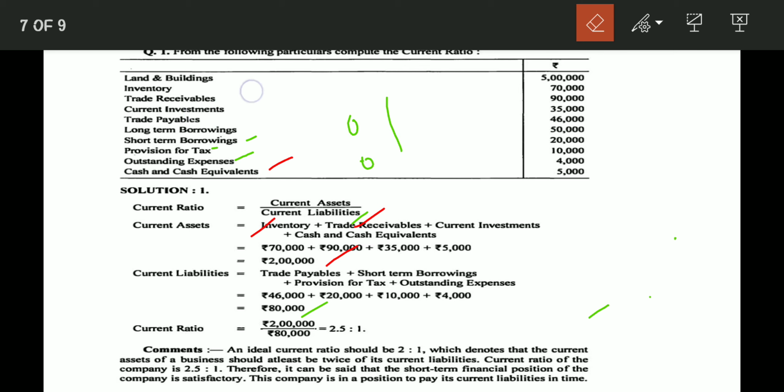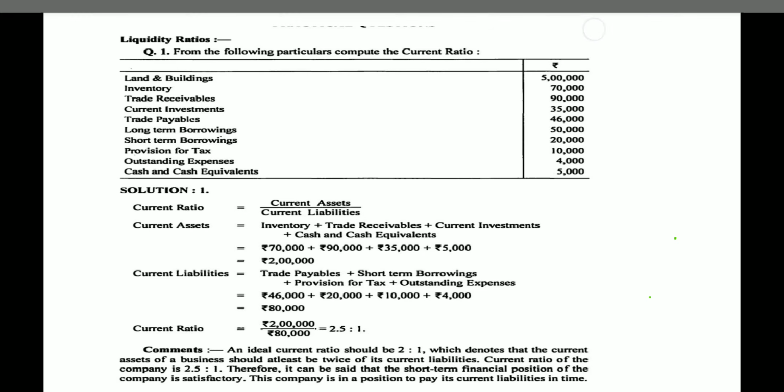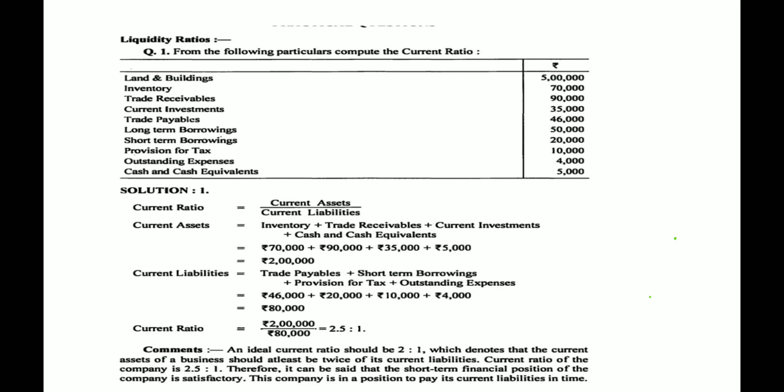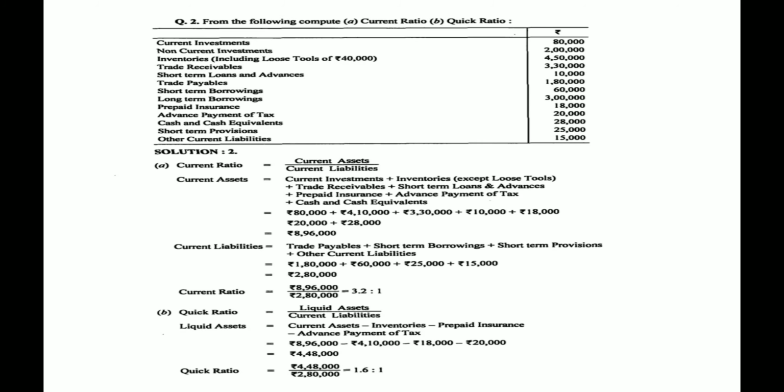So that is how you can calculate the current ratio. You can understand, and in the next question we are going to solve some more current ratio as well as quick ratio. Okay, this is the second practical question of D.K. Goyal on accounting ratios.